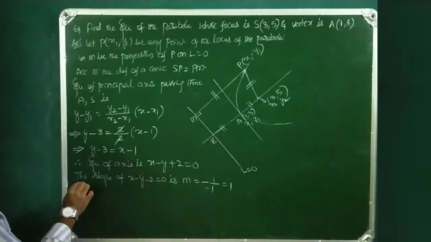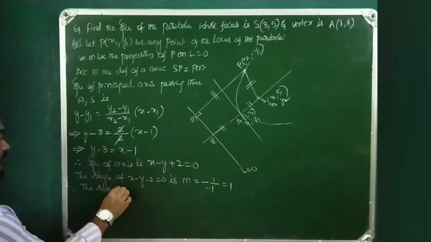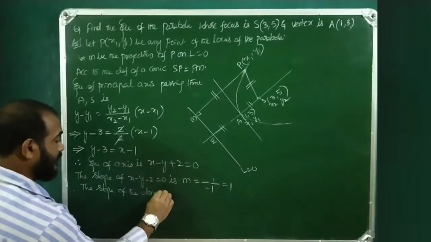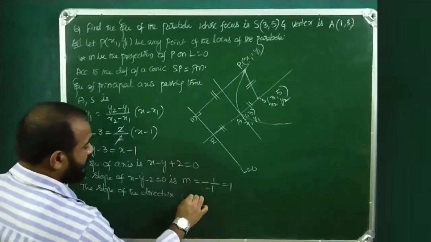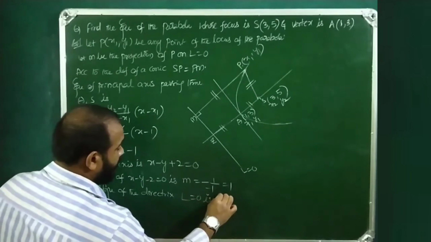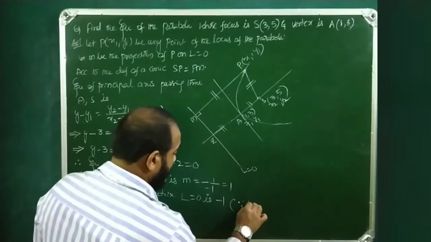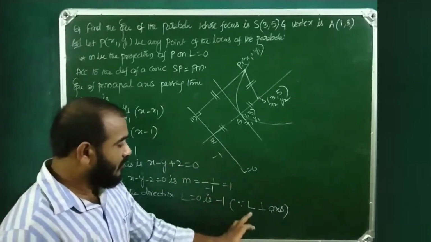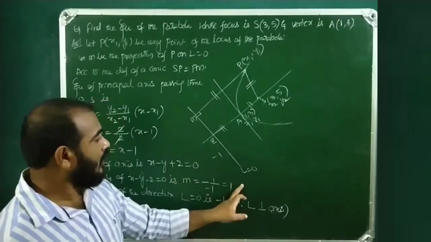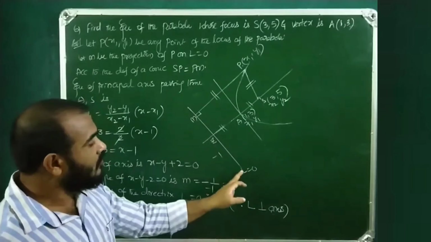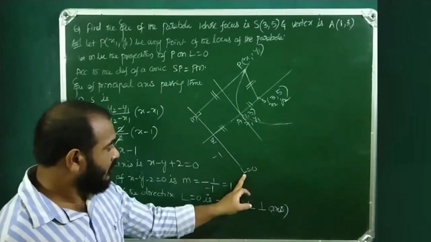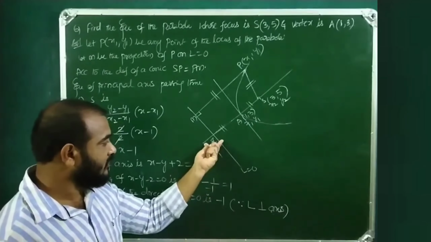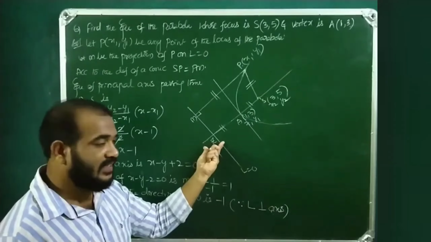Therefore, the slope of the directrix L equals to 0, being perpendicular, is minus 1. To find the equation of a line along with the slope, one point is also needed. So let us try to find out the value of Z.